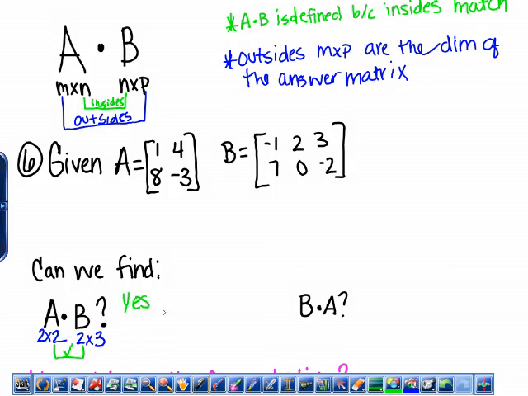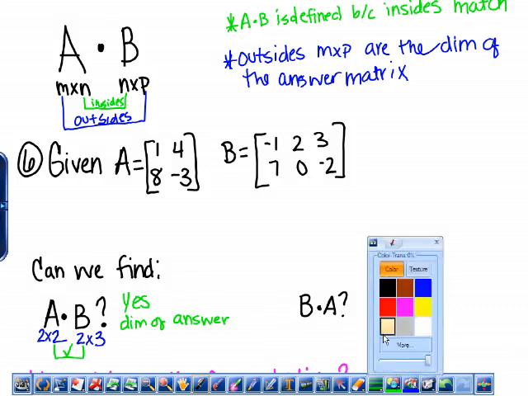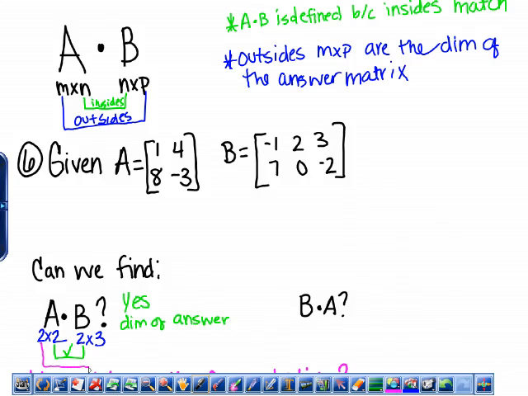The answer is defined. Now I want to find the dimension of my answer, so I look at the outsides. The outsides are 2 by 3. So the dimension of my answer matrix is going to be a 2 by 3 matrix. Does that make more sense now? Questions?